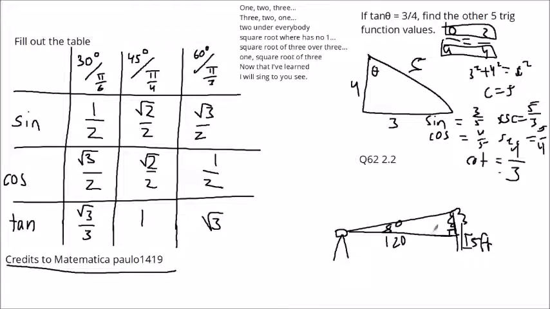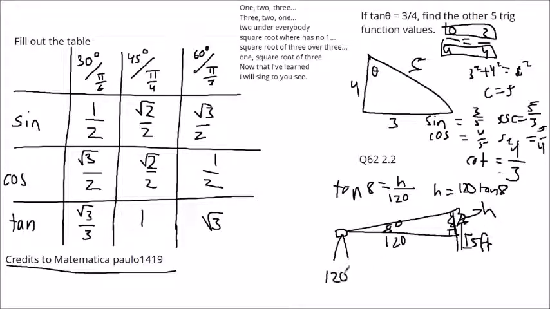So let's say this part of the height is h. So 8 degrees and 120. We have this h, we have an opposite, and we have the adjacent. So tan 8 is equal to h over 120. So h is equal to 120 tan 8. And then the whole thing is 120 tan 8 plus 5.